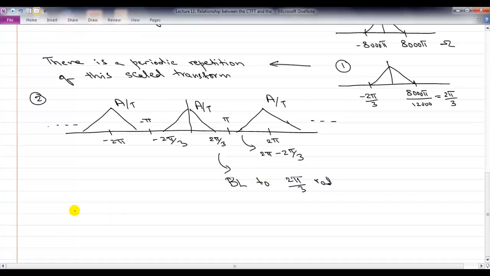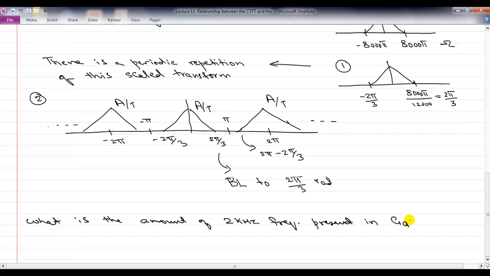Now, just another view of this translation. Let's say someone asked you what is the amount of 2 kilohertz frequency present in G A of j omega, or equivalently G A of t.